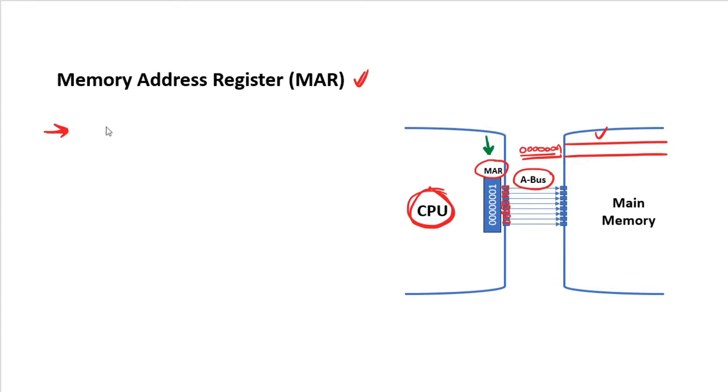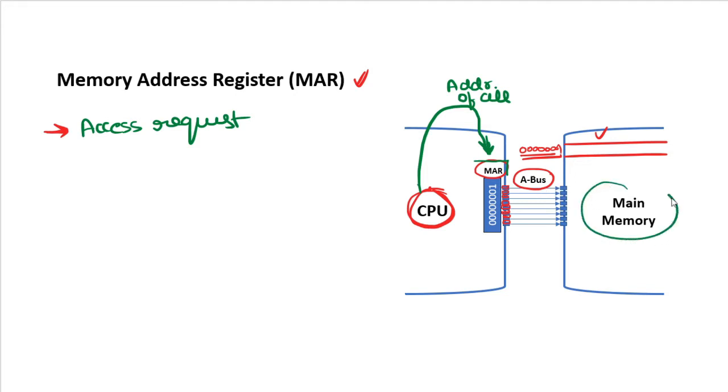So whenever the CPU generates any kind of access request, the CPU sends the address of the cell to the memory address register, and the memory address register in turn sends this address of the cell via the address bus to main memory.